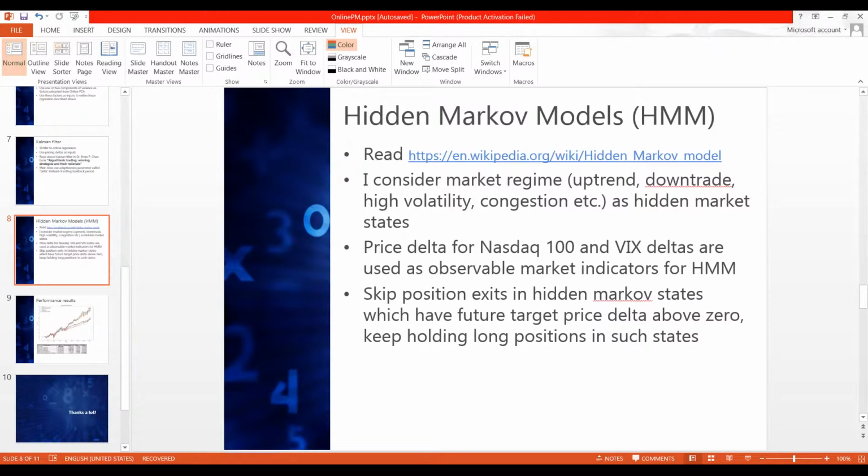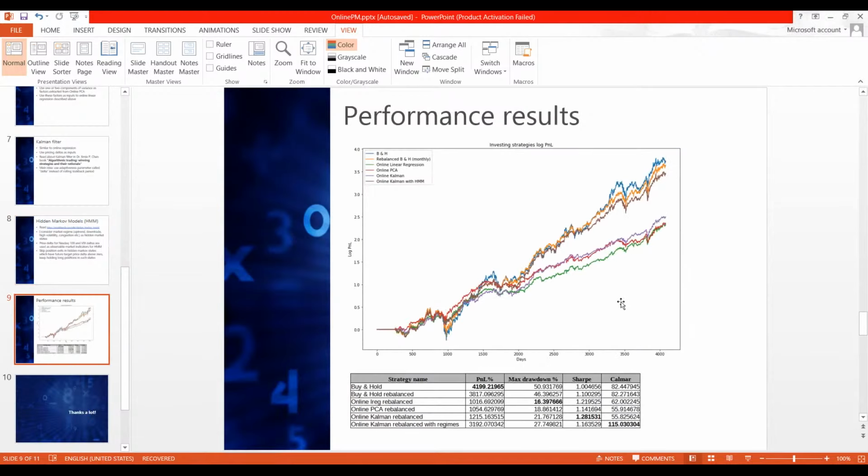So let's go to the results. What I want to comment on: the approach applied, though very simple, beats the market buy and hold strategy in terms of total profit.